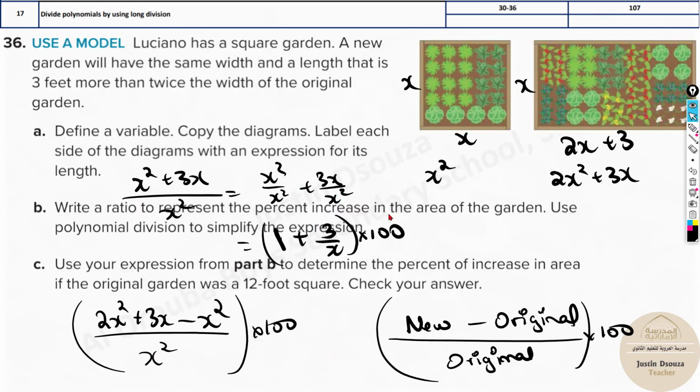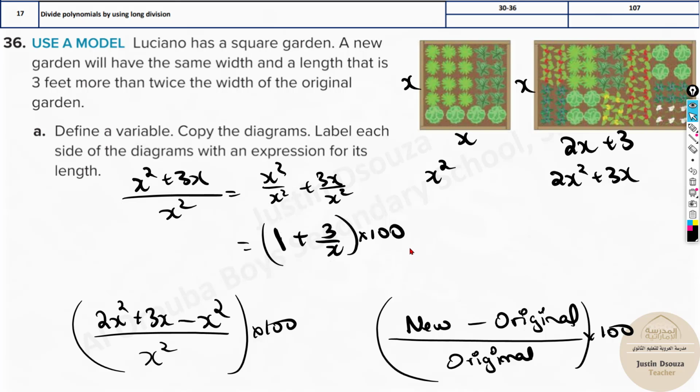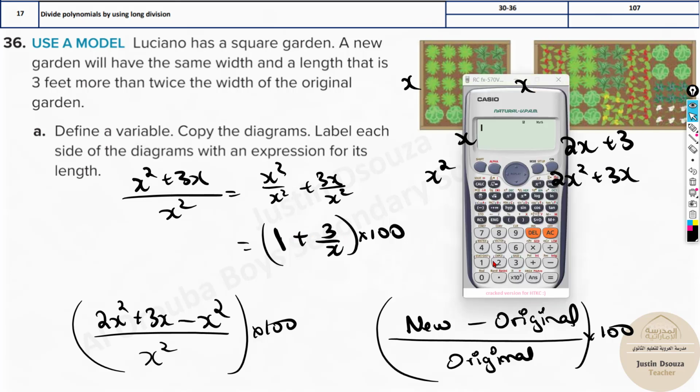What was the second problem? This is the percentage increase in the area. Now they are telling, if the original garden was 12 foot square, find the answer. If x was 12, just use the calculator over here. All you need to do is 1 plus 3 by 12, whole thing, put brackets, multiply it with 100.